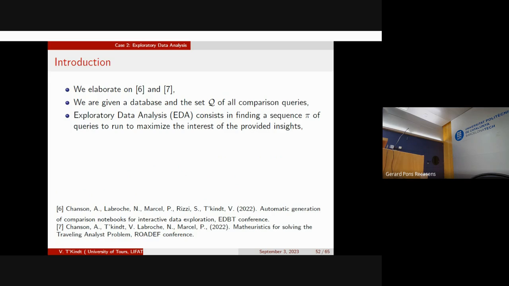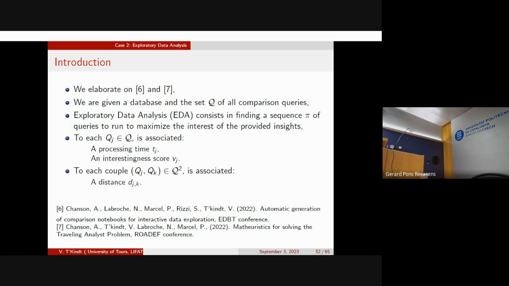And then EDA consists in finding a sequence of queries that you can run to maximize the interest of the provided insights at the end of the processing of all the queries. To each query q_g, you associate the processing time, so the time that you need to run the query, and you associate also an interestingness score, v_g, that is the interest of running the query g.